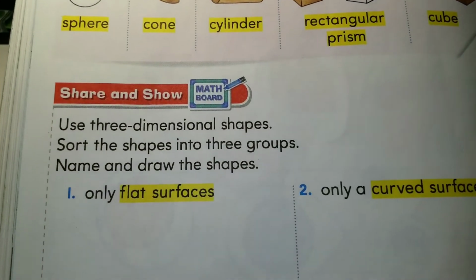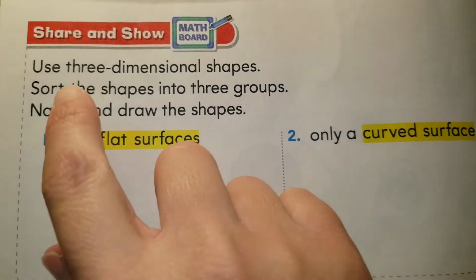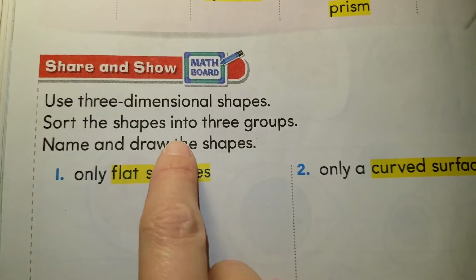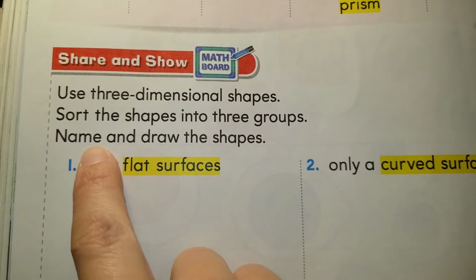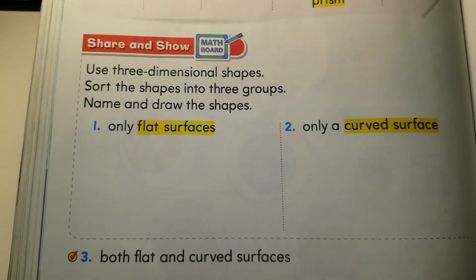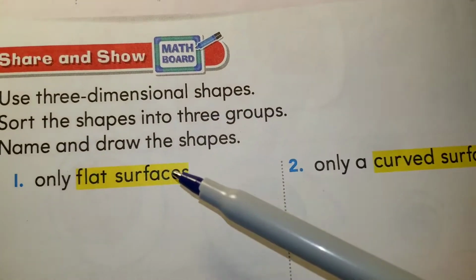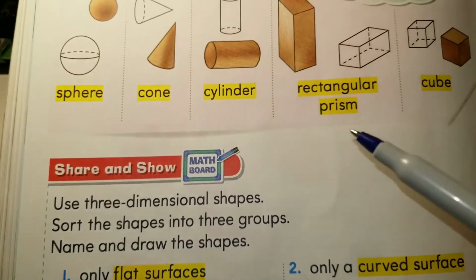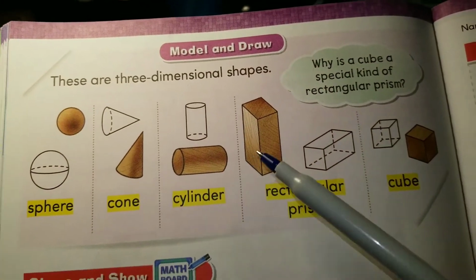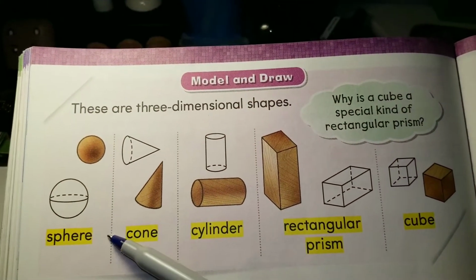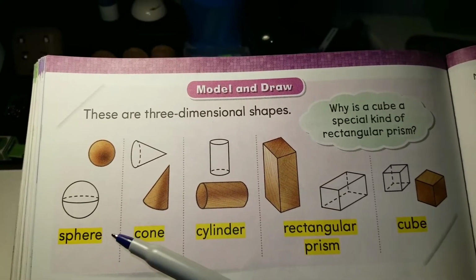Alright, let's see. It says use three-dimensional shapes. Sort the shapes into three groups. Name and draw the shapes. So let's get to work over here. First of all, we're going to go for the flat surfaces, only flat surfaces. So let's see which are the only ones that have only flat surfaces. Could it be the sphere? No, because it is completely round.